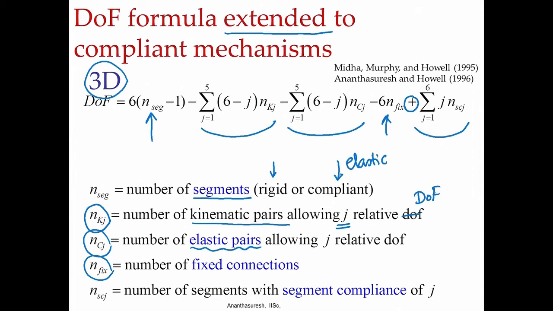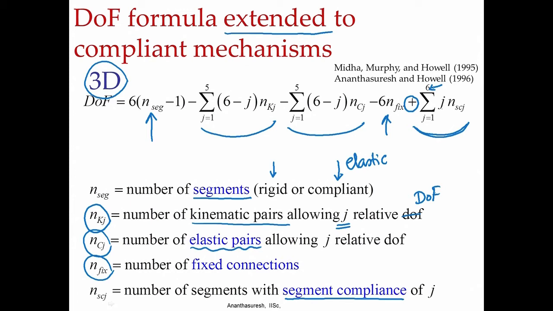So, we have to pay attention to this particular term, where it says NSCJ. NSCJ is called the segment compliance of J. Segment compliance can be 1, 2, 3, going up to 6 here in the spatial case. In the planar case, it will be up to 3.